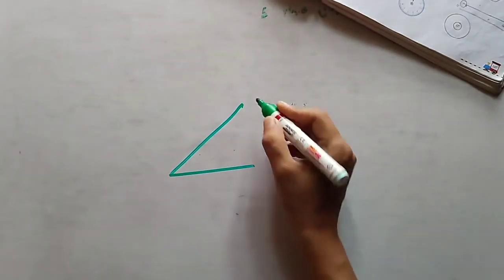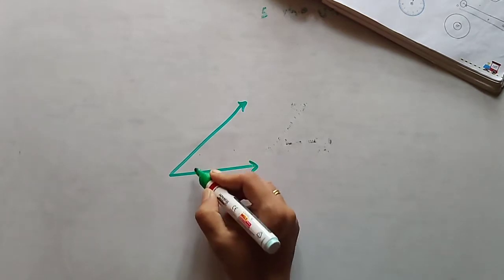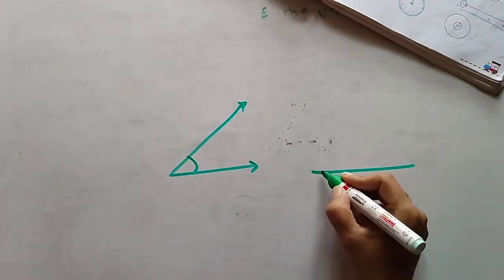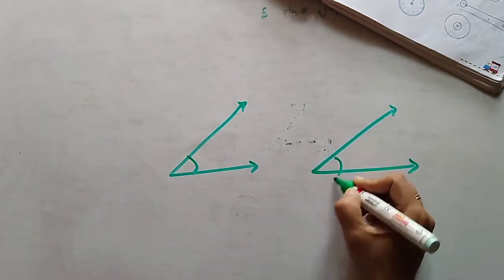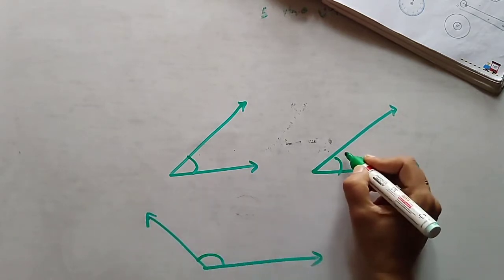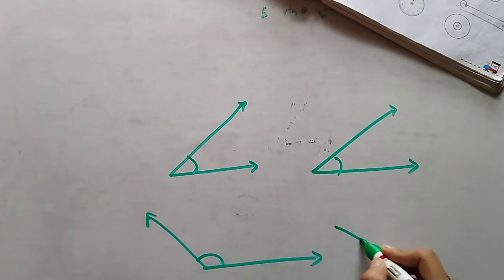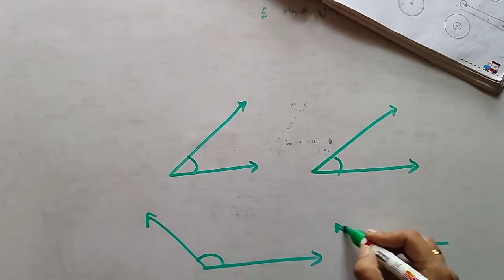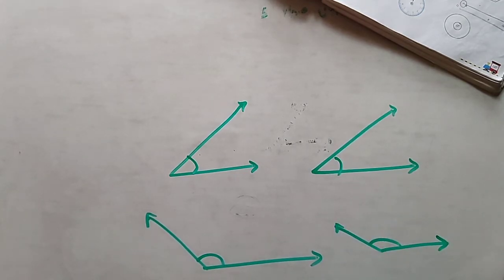Suppose you have to draw this type of angle in your notebook. First you have to use the ruler. You have to draw any type of angle and measure it. Okay, this is your second question.